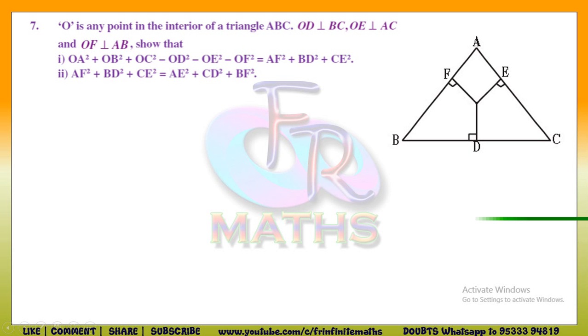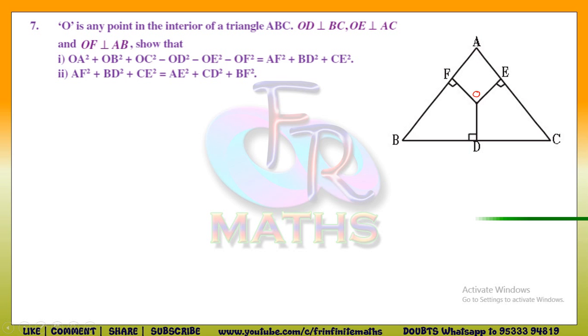Okay, let us see question number 7. What is given? O is any point in the interior of the triangle ABC, and OD is perpendicular to BC, OE is perpendicular to AC and OF is perpendicular to AB.